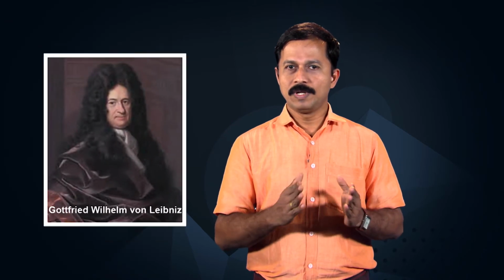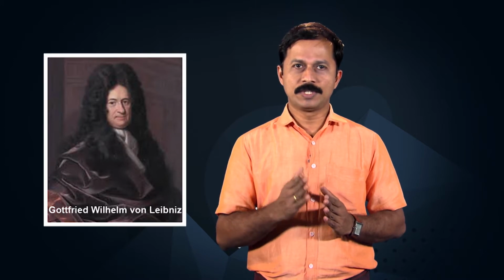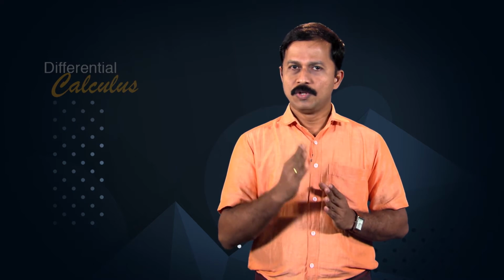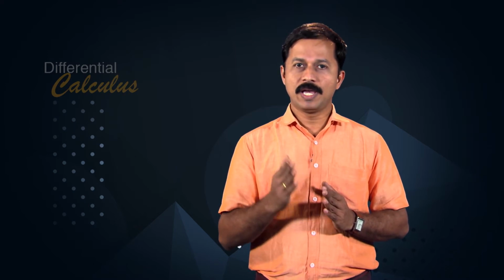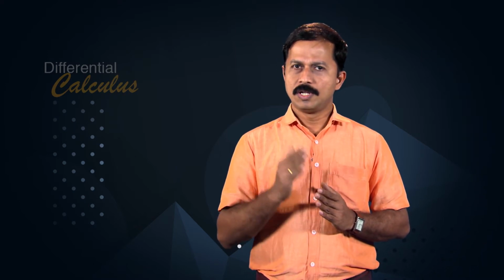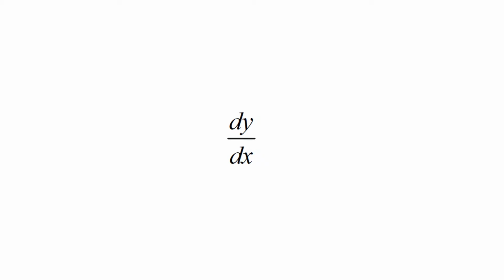Differentials. The German mathematician Gottfried Wilhelm Leibniz used the notation dy by dx to denote the derivative of y with respect to x. Now, our goal is to define the symbols dy and dx, called differentials of y and x respectively, in such a way that dy by dx can be treated as an actual ratio.